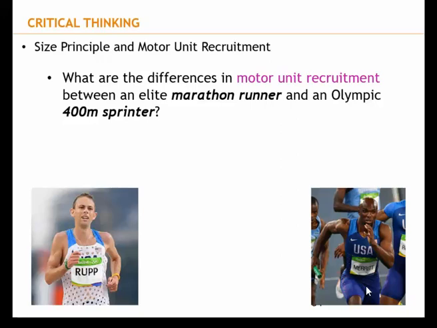And then think about the size principle versus something called selective recruitment. Selective recruitment goes against the size principle. It's where the body chooses to recruit certain muscle fibers over other muscle fibers. But yeah, you guys can do some research on that and take what I gave you to answer that question.